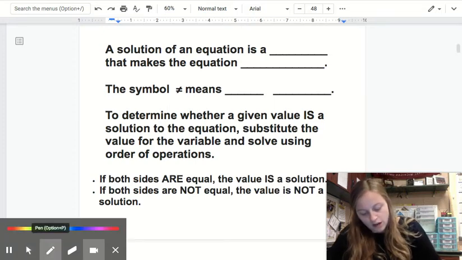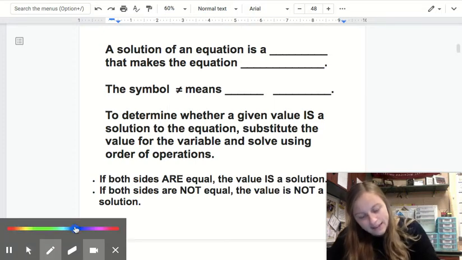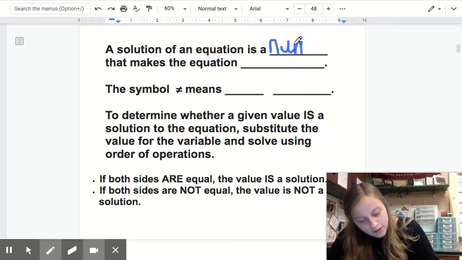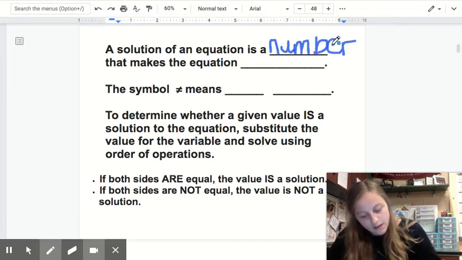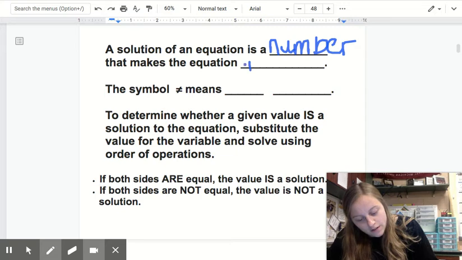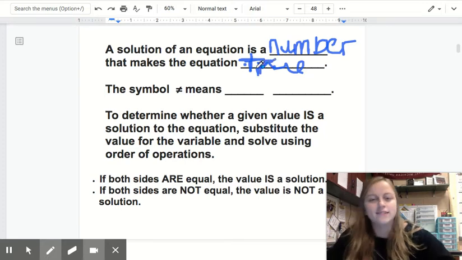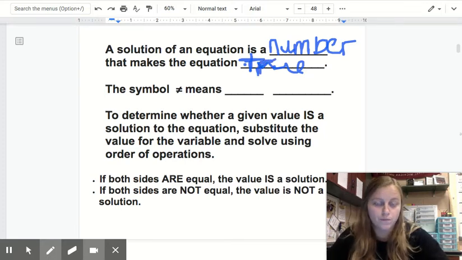So a solution of an equation is a number that makes the equation true. So again, some number that makes an equation true. That's what solution means.